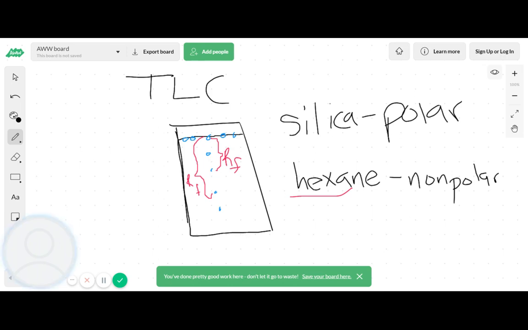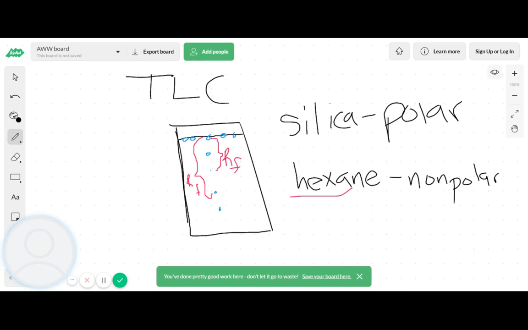All right, so going back to RF values, if your stationary phase is polar and your mobile phase is nonpolar, then these situations apply. You'll have a low RF value for more polar molecules in this case. Does that make sense?